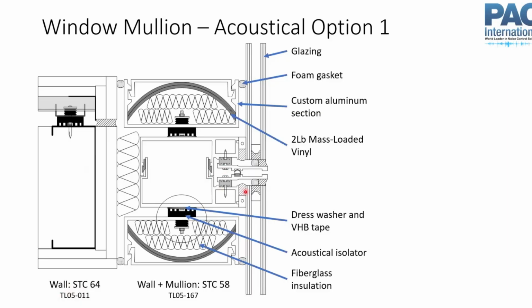And when we put the mullion in with this solution, it was an STC 58. So it did reduce the STC rating because we still have all these gaps in this thing. But we have that comparison. Because if we just published the STC 58 and said, hey, our mullion solution is an STC 58, that's great, awesome, but that doesn't really give you any context for it. So you have to make sure that you have that context when you're evaluating an acoustical product.